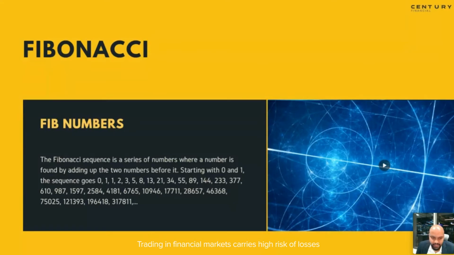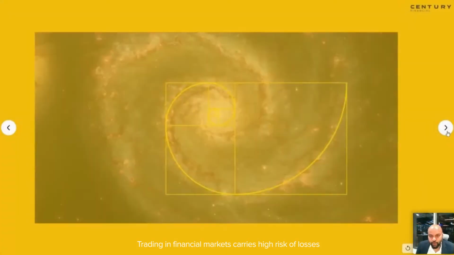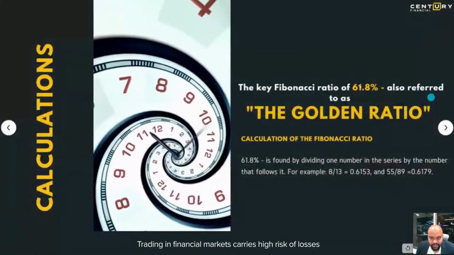So basically, if you take any number from the series, for example, 2584 divided by 4181 times 100, you get 61.8. This is the ratio that we have derived using those numbers, and 61.8, like I mentioned earlier, is the golden ratio.